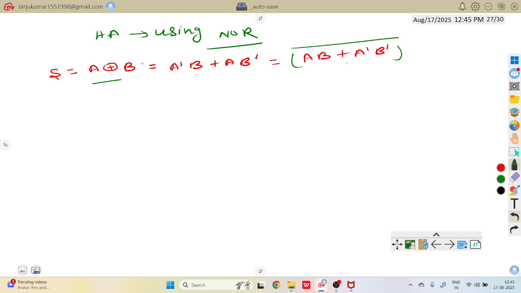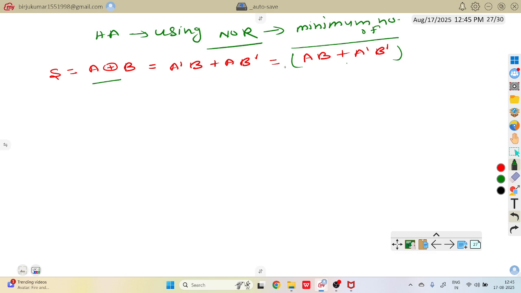So this way we can design the half adder using the minimum number of NOR gates. Here I will discuss the minimum number of NOR gates, this is our concern. Firstly, I will make the AND gate.